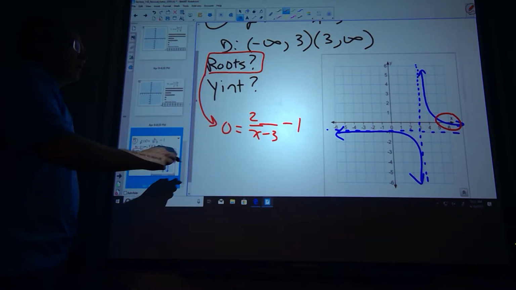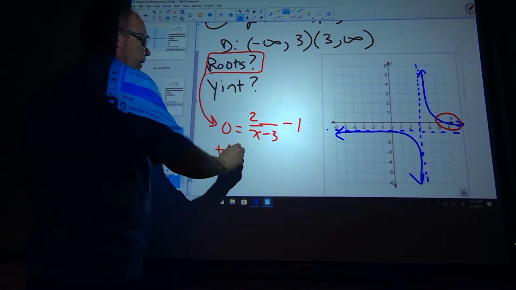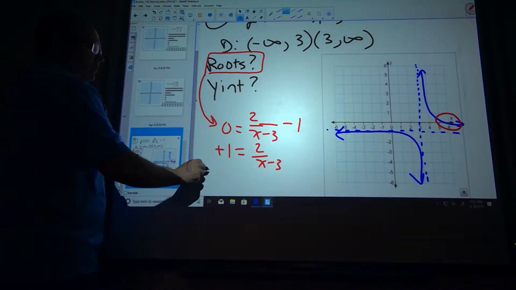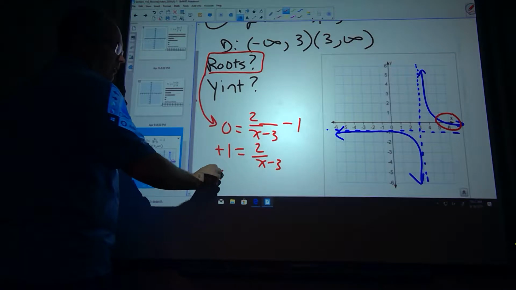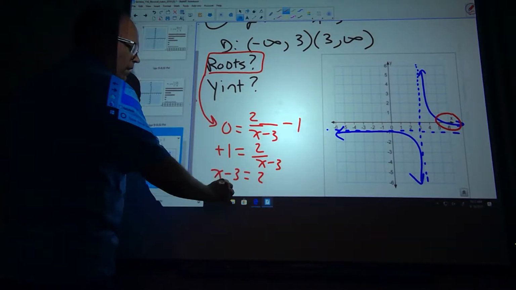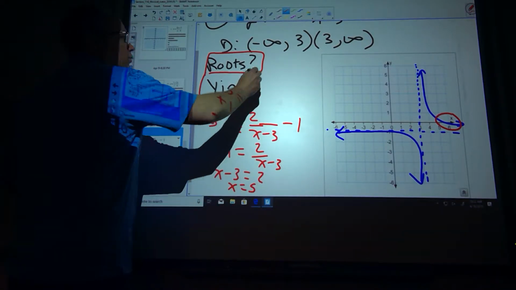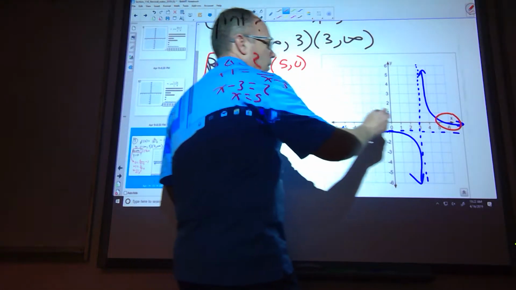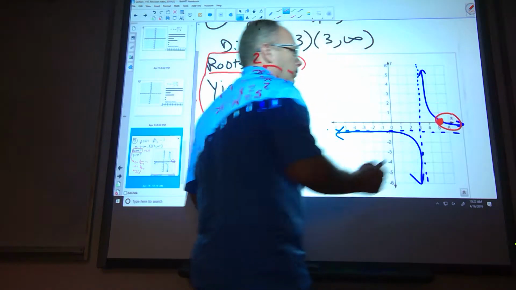Add 1 to both sides. Multiply each side by x minus 3, distribute over the 1, so x minus 3 equals 2, so x is equal to 5. So I have a root at 5 comma 0. So right there. Is that okay?